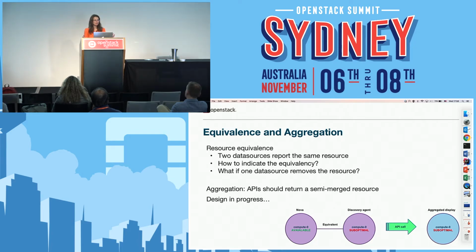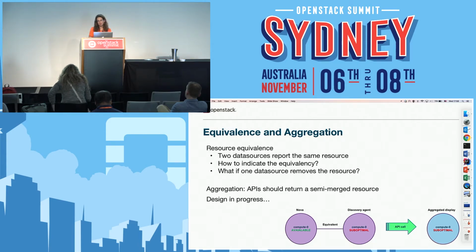We would like to merge the information. But merging is problematic, because we might not know which one to trust more if there is a conflict between them. And also, if one of the data sources later on decides to no longer report the resource, we need to be able to restore the information from the other data source.